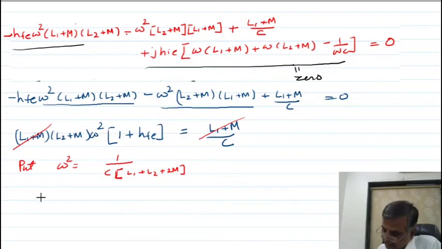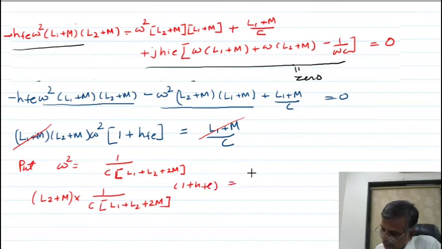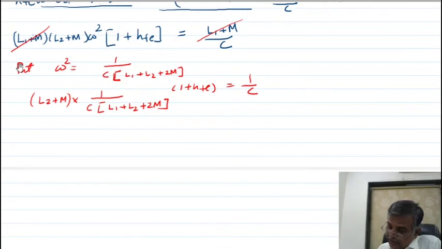So I will get (L2 plus M) into omega square, which is 1 upon C into (L1 plus L2 plus 2M), into (1 plus hFE) is equal to 1 upon C. The C is also cancelled.